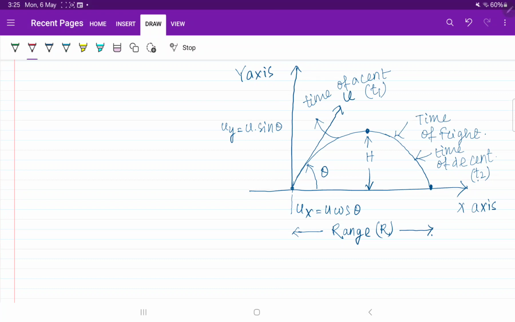As the projectile is moving in both x and y directions, the actual acceleration of the projectile takes place in the y direction.